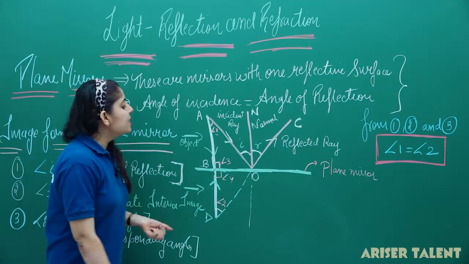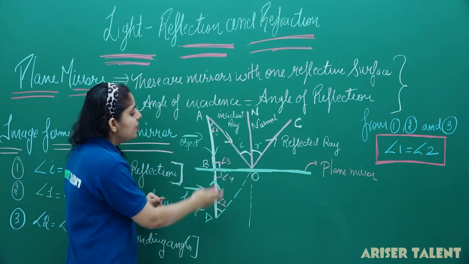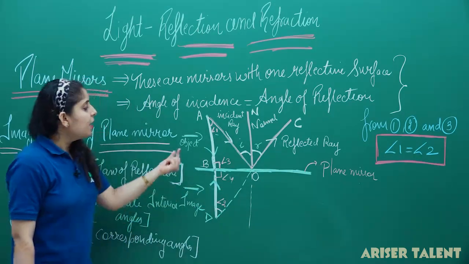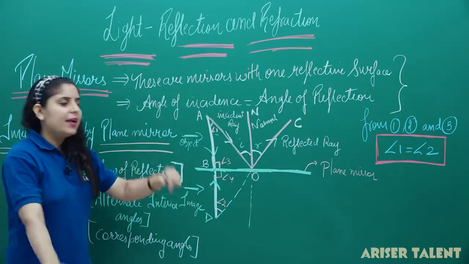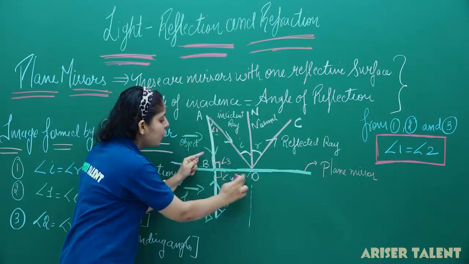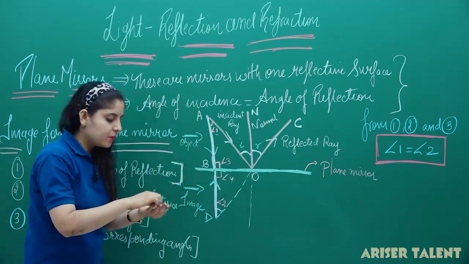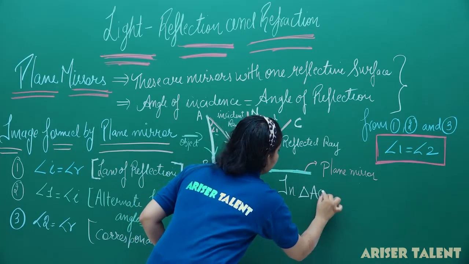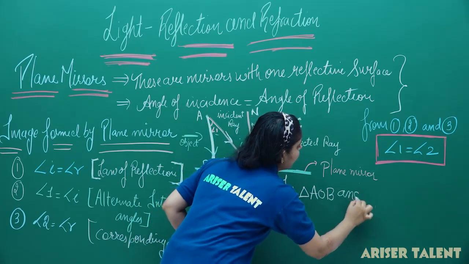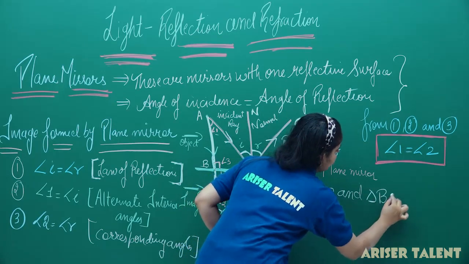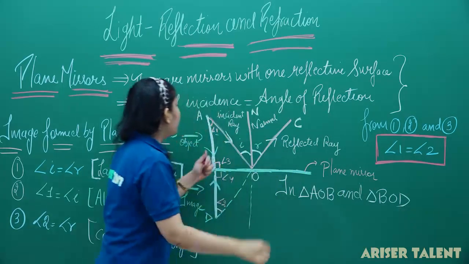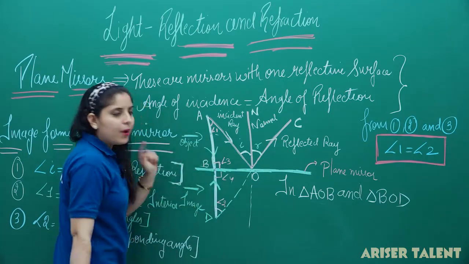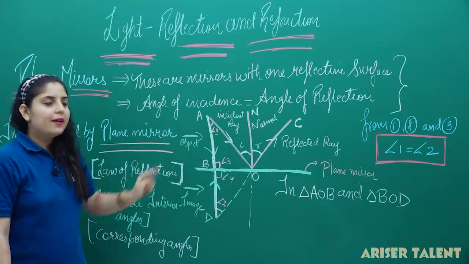Now in this figure we have triangle AOB and triangle BOD. In triangle AOB and triangle BOD, what you can see here is that angle 1 will be equal to angle 2, which we have proved earlier.